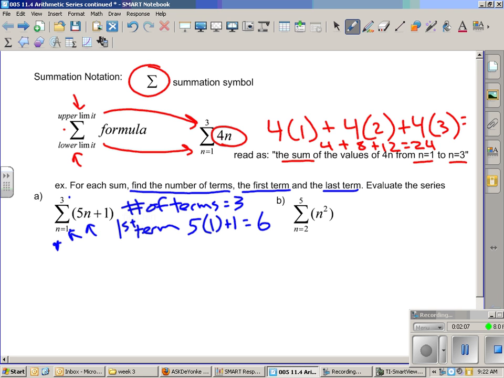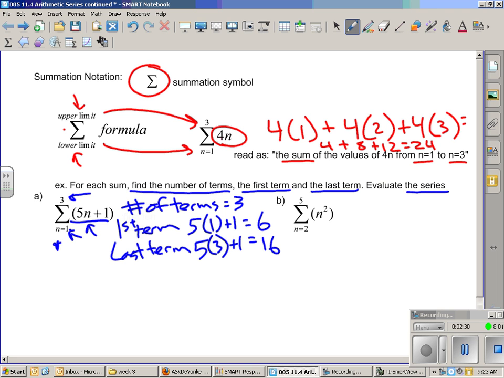Then they want to know the last term. So again, the last term is whatever our upper limit was, 3. So we go to this equation, again, 5, and instead of n, we plug in our 3 plus 1 equals, and 5 times 3 is 15, plus 1 equals 16.